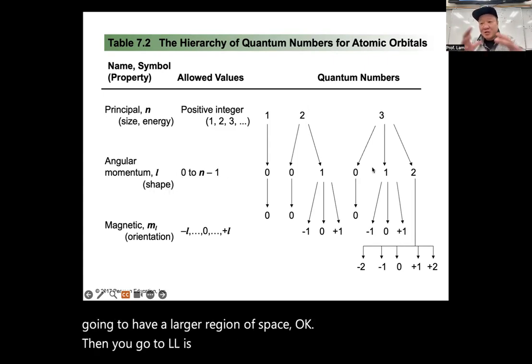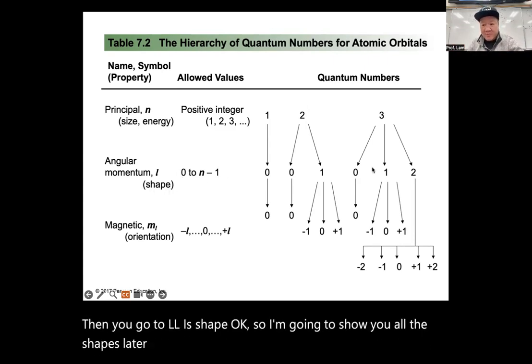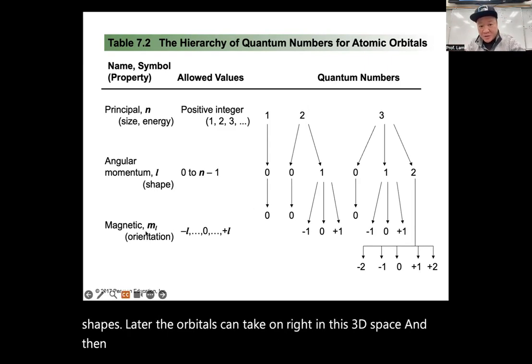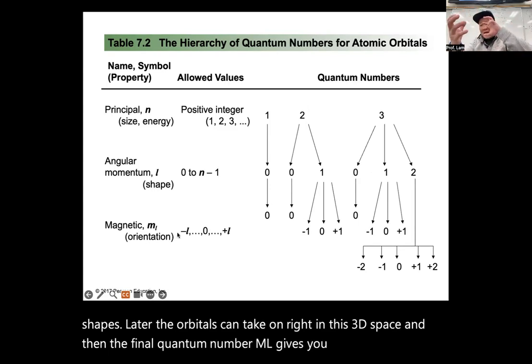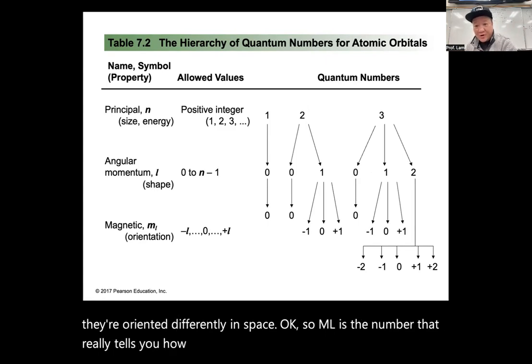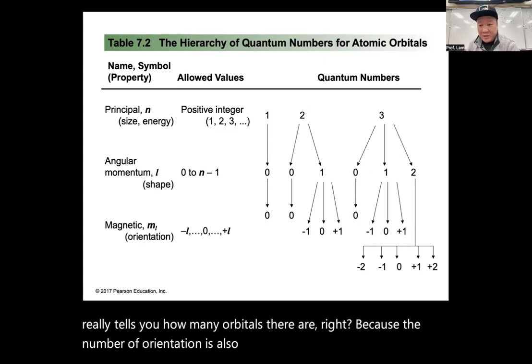So I'm going to show you all the shapes the orbitals can take on later, right, in this 3D space. And then the final quantum number, m sub L, gives you orientation. So how they're oriented differently in space, okay? So m sub L is the number that really tells you how many orbitals there are, right? Because the number of orientations is also the number of unique orbitals.